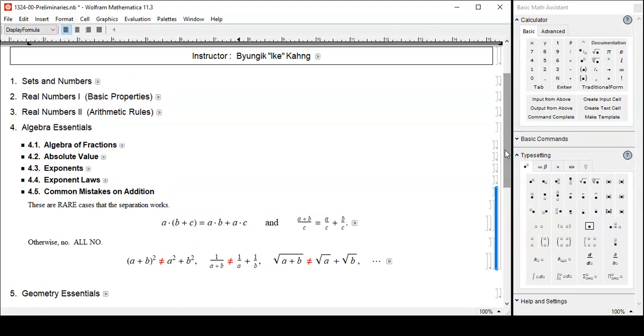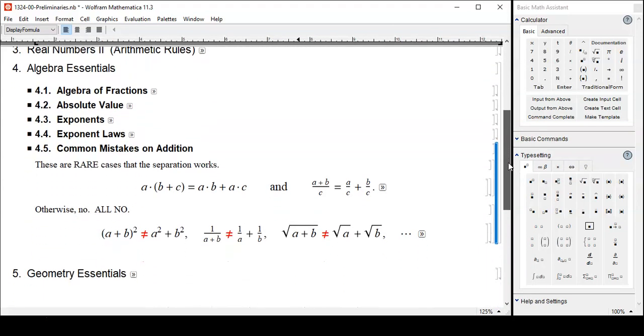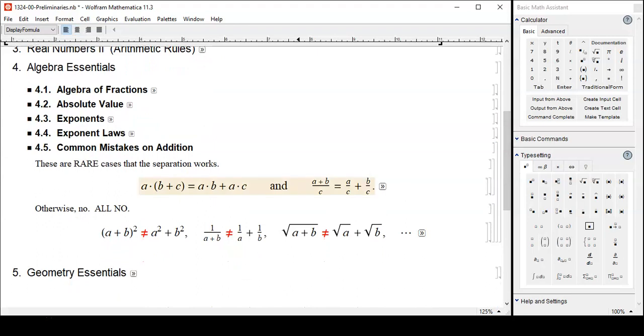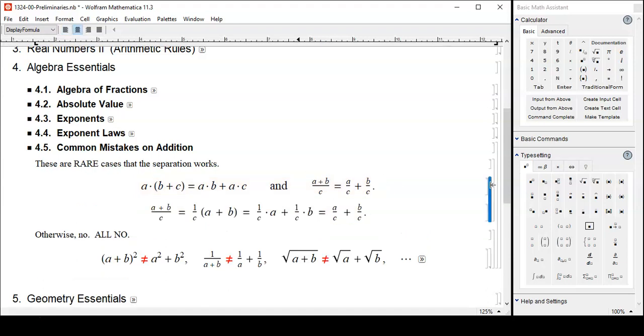Final comment. There are some common mistakes. Oh, again, we have some fractions, so a bigger font is going to be better. This is a rare case where the separation works. You see, you can distribute the multiplication by the distributive law, and consequently, you can separate the numerator of a fraction. How does that work?